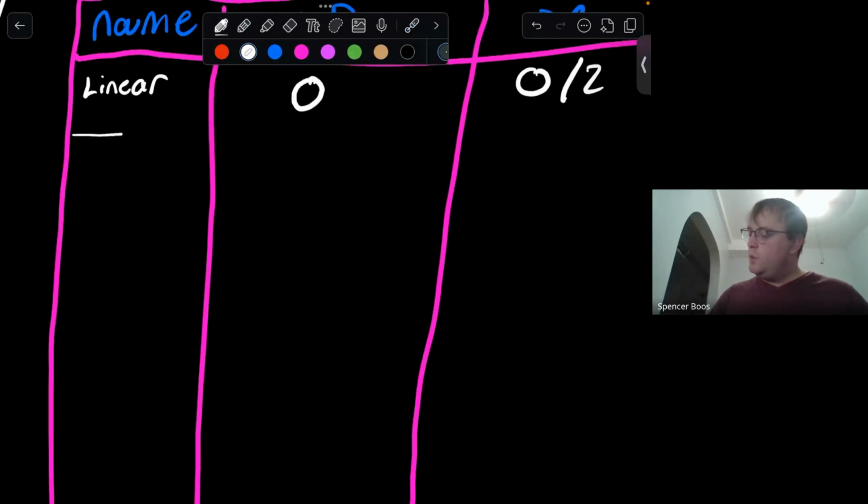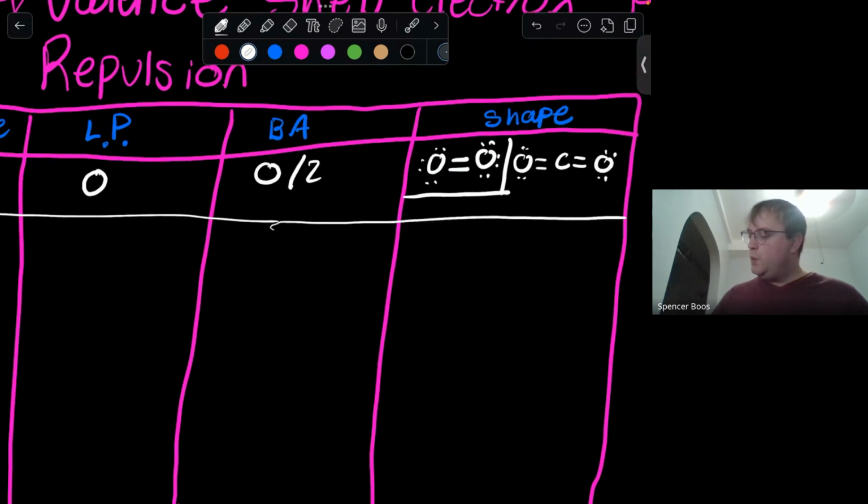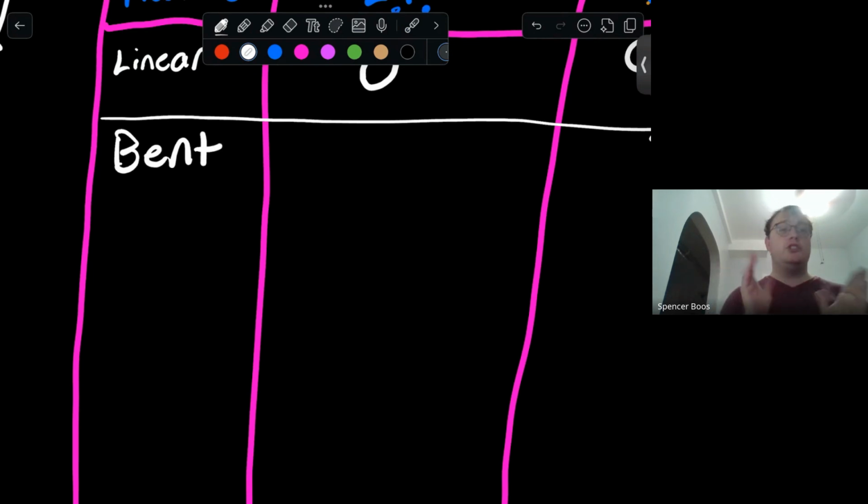Next one. You've got bent. Now there are actually kind of 2 flavors of bent. So remember how linear had no lone pairs? What if instead we had one lone pair on that central atom?